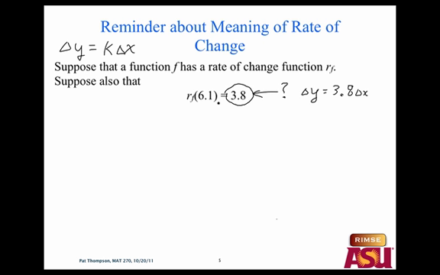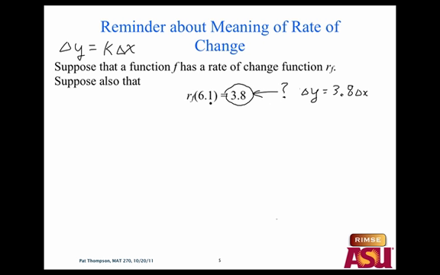What I should say is, in the very near close vicinity of 6.1, we could estimate changes in y as being 3.8 times changes in x. Okay, if we truly had constant rate of change, yes, changes in y always would be 3.8 times changes in x.